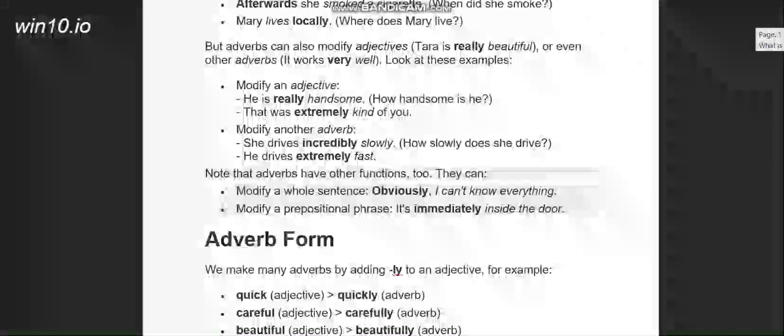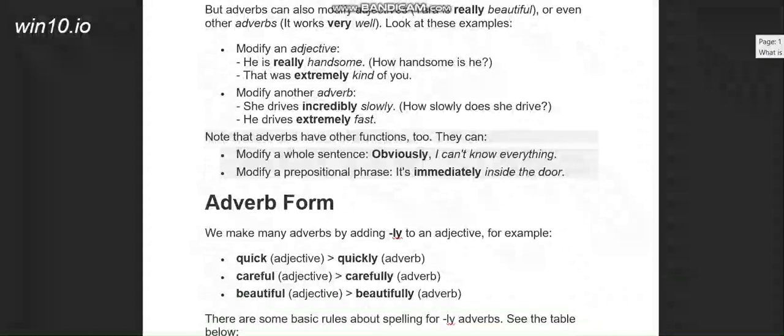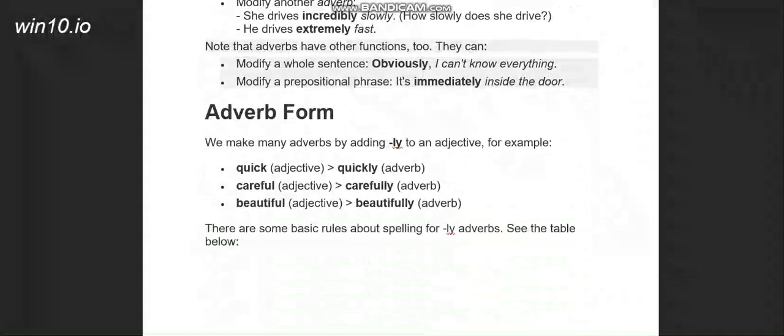If you can see, here we have an adjective, that is quick. So here, most of the time, ly is added to the adjective. Like you can see, the adjective quick becomes quickly. Now quickly becomes an adverb. Quick is an adjective. Adjectives are something which describe a noun.